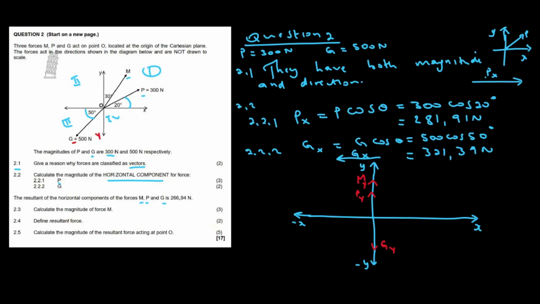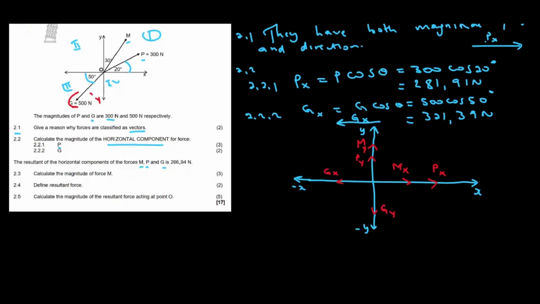Okay, to the right here, I'm going to have vector M in X. I'm also going to have a vector P in X. Okay, to the left here, I'm going to have a G in X. Okay, G in X, the horizontal component of G to the left, because as you can see on the given diagram, G is in the third quadrant.